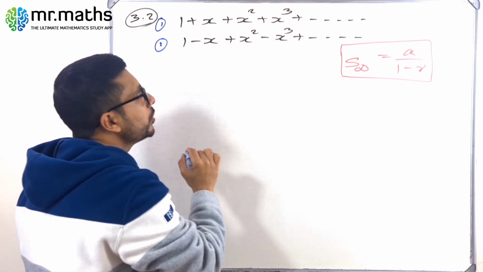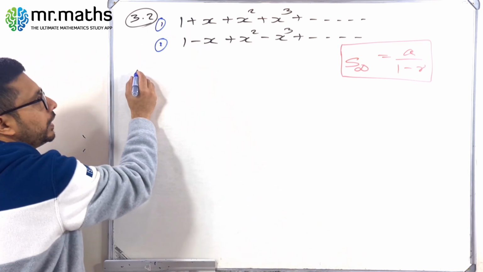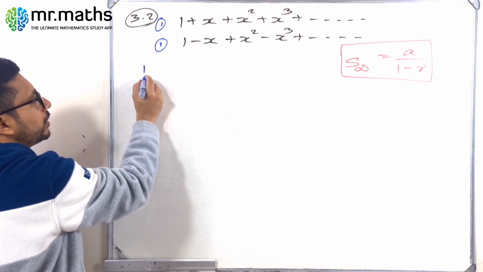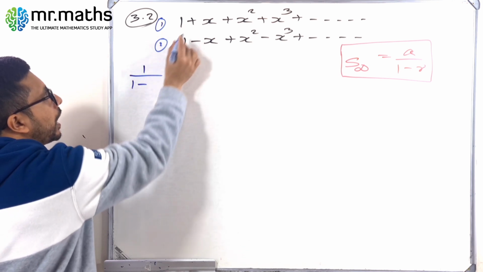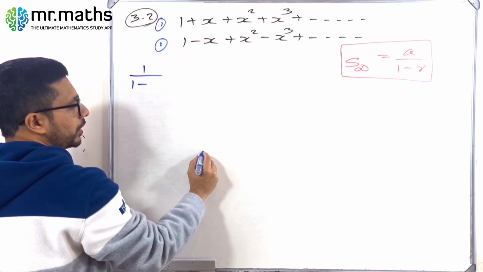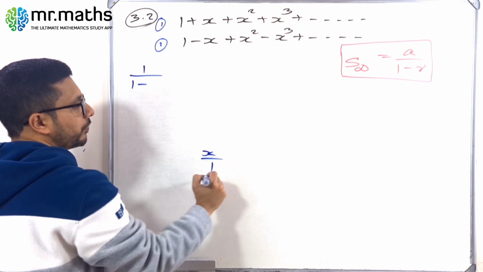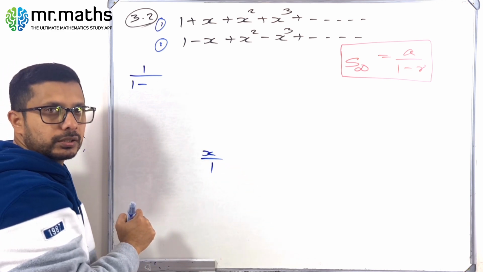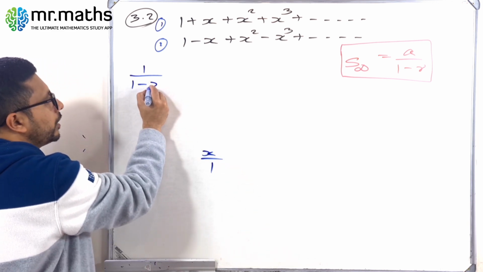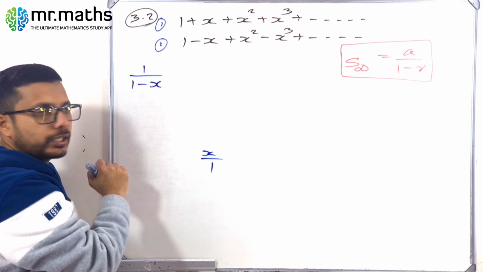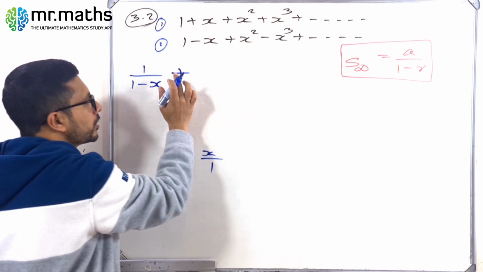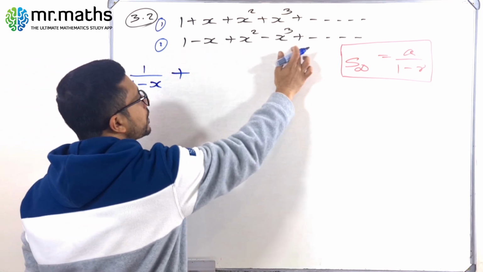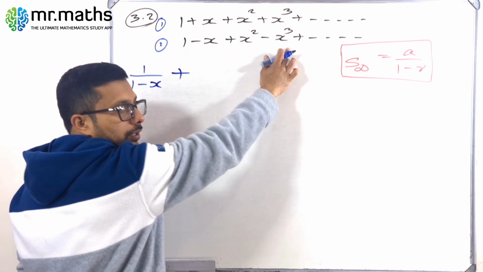Sum to infinity, so it is a divided by 1 minus r, where the first term is 1. What is the common ratio? Second term divided by first term, x by 1, that is x, so it is 1 minus x. Then the sum of these two series, that means plus. Now what is the sum to infinity of this one? That's what I'm checking.